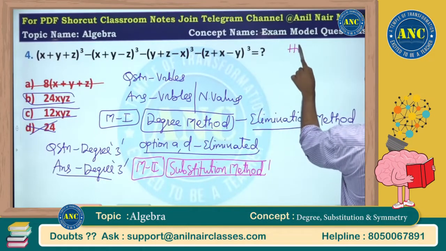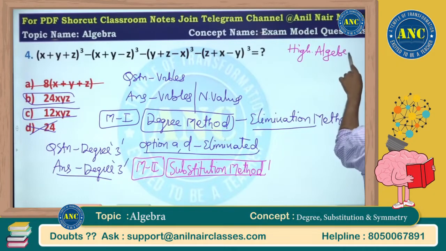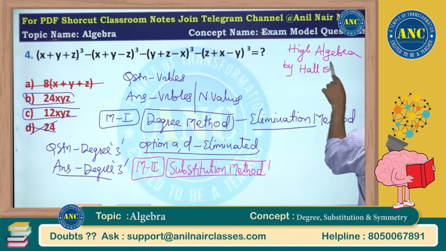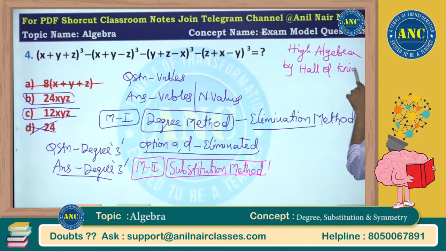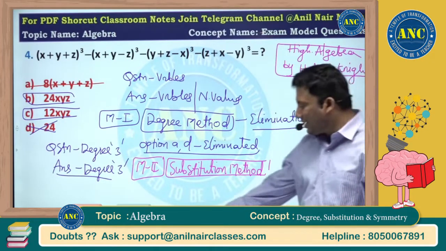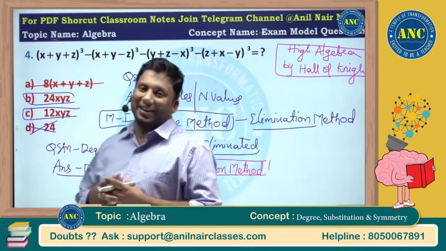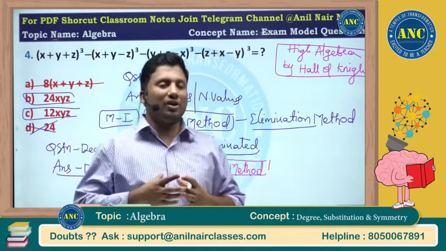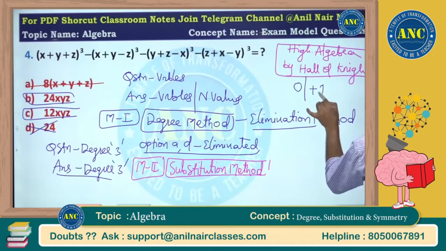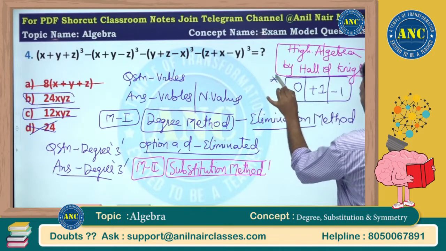Generally, in Higher Algebra by Hall and Knight textbook, a very good concept is there, which we generally use to solve questions from NTSE paper or IIT entrance examination. In our school days, our teachers might have told us to put theta equal to 45 and simplify. In Higher Algebra by Hall and Knight, you substitute 0, 1 or minus 1. Ideally, this should be the first step.